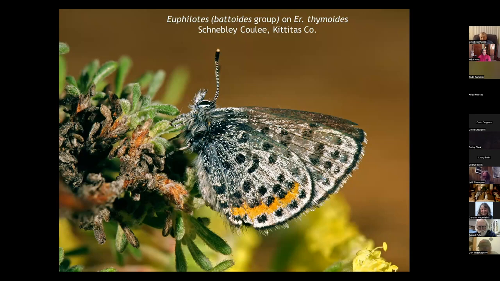John Pelham and others, Merrill Peterson too, are pretty well convinced that this is a different species, which will be described and given a name. This butterfly occurs both on the thymoides plant and on the larger sphaerocephalum, which blooms about the same time as thymoides, just a little bit later.